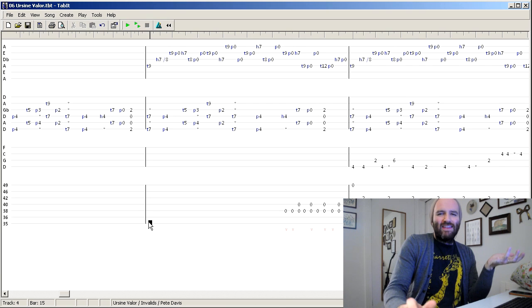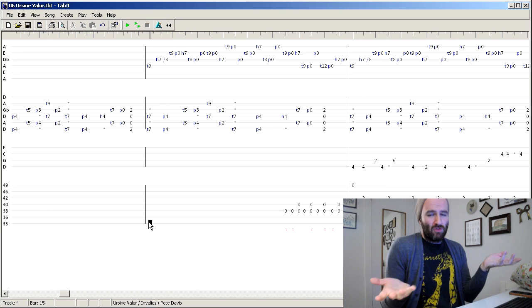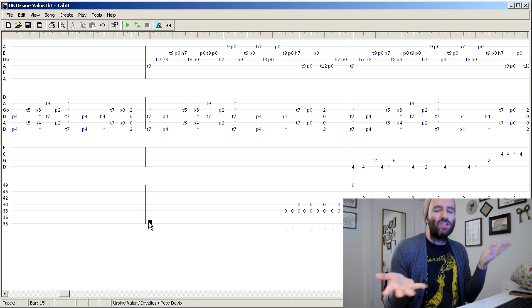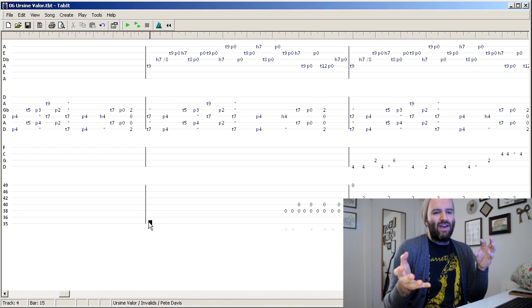Now we can't really talk about Tabit without talking about MIDI. So a quick crash course on MIDI, if you're unfamiliar with it: it stands for Musical Instrument Digital Interface. It's essentially a system of numerical data that is read by a computer that allows it to produce sounds based on that data.